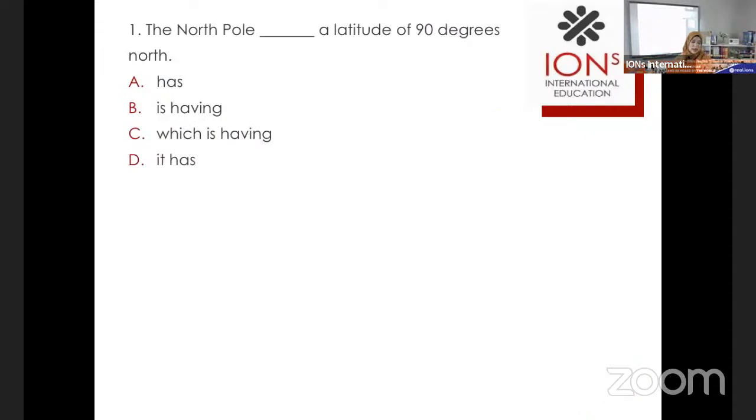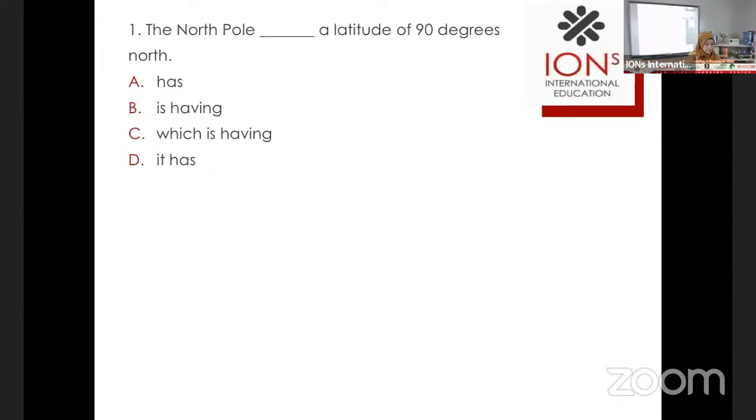Okay, next. Number 1. Silahkan coba. What is the subject? For number 1, the subject is, yes, the North Pole. Correct. Good job. The North Pole is the subject. What about the predicate? Do we have a predicate? Ada predikatnya enggak? Ada kata kerjanya enggak? Tadi, may, to be, have, has, had.